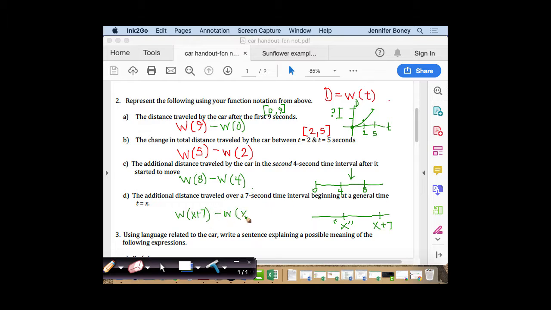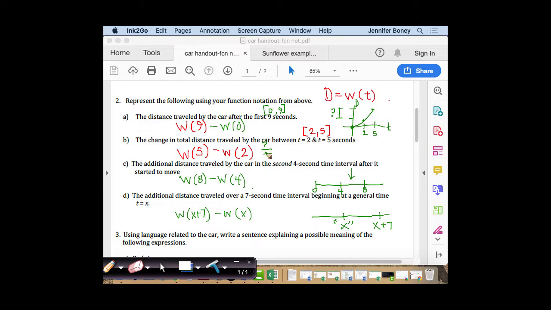Now let me ask this. These are all subtraction problems. Looking at B, for instance, has a lot of numbers in it. W of 5 minus W of 2. Is that the same as W of 3? No. I mean, the value could come out the same, but it certainly doesn't mean the same. This W of 5, here, I'll just write down what I wrote.